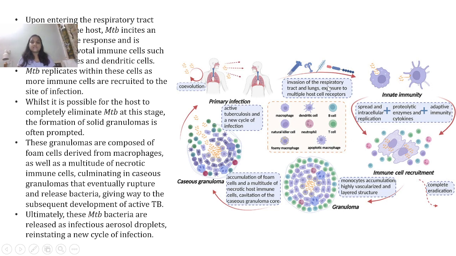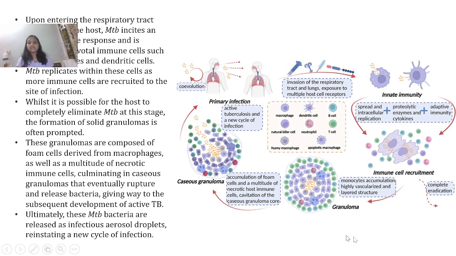So first it is invading the respiratory tract and the lungs, with exposure to multiple host cell receptors. Here these are the cells which come into play. One of the most important ways by which TB infects is the formation of a granuloma.